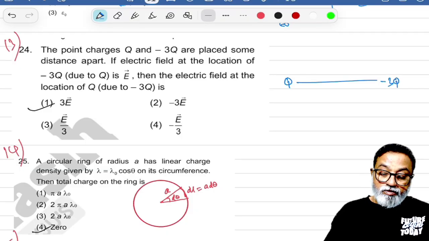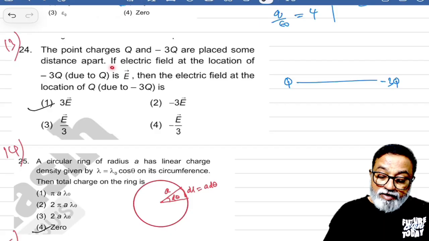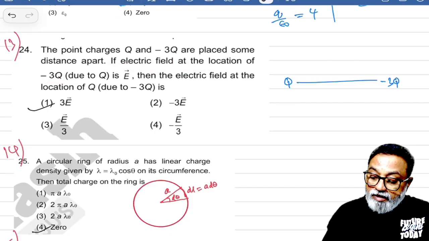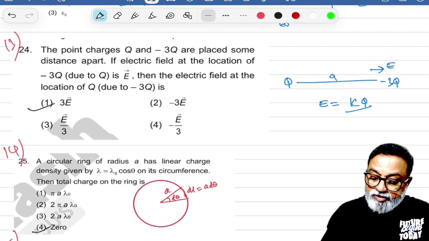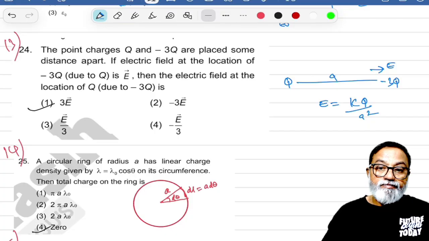The electric field at the location of minus 3Q is E bar. Here Q is a positive charge, therefore intensity due to a positive charge is always away. This electric field I am taking as E equal to K into charge Q by, for example, this distance A square.